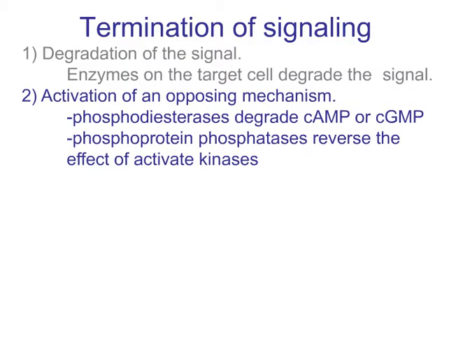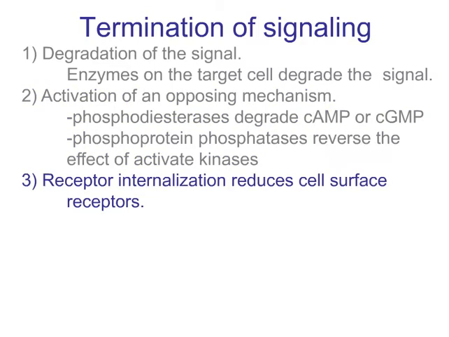Another mechanism to terminate cell signaling is activation of mechanisms to degrade second messengers generated in response to the receptor activation, such as the phosphodiesterases, which degrade cyclic AMP and cyclic GMP, or phosphatases can reverse the effects of activated protein kinases.